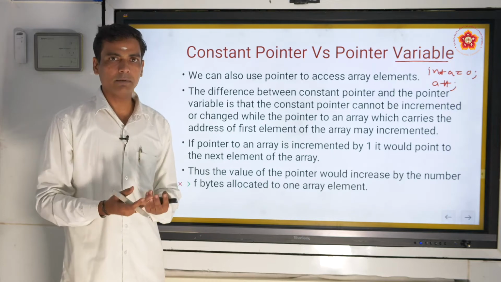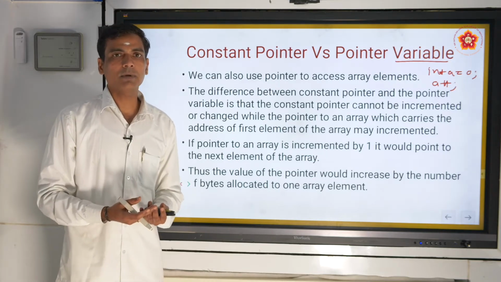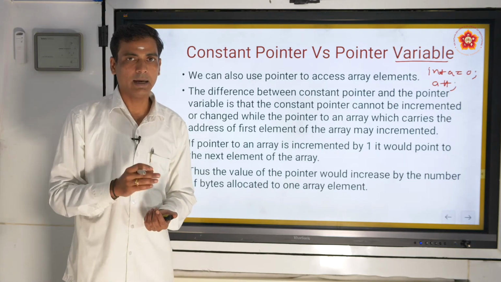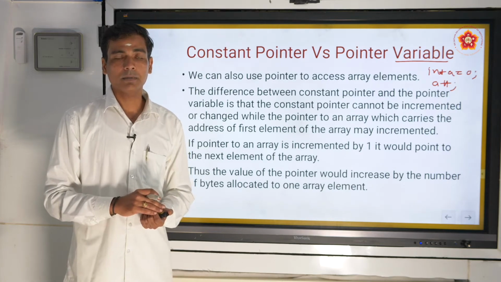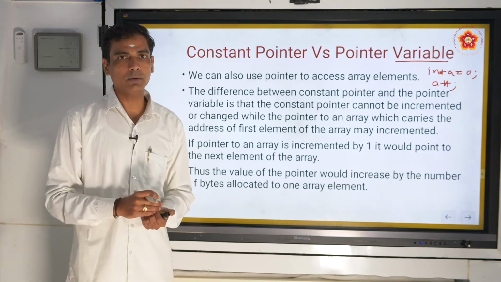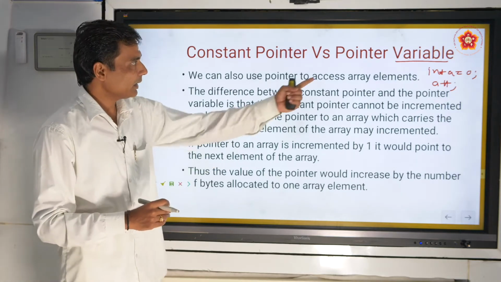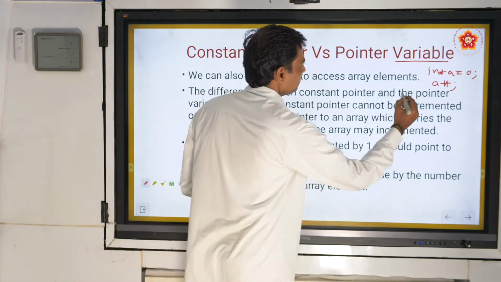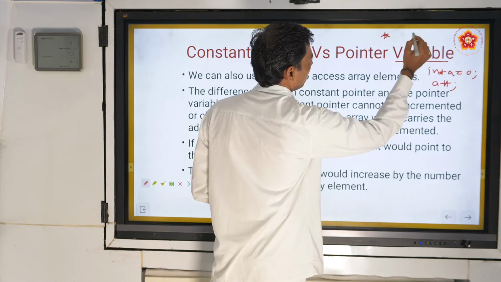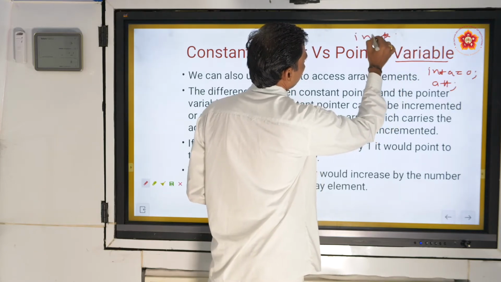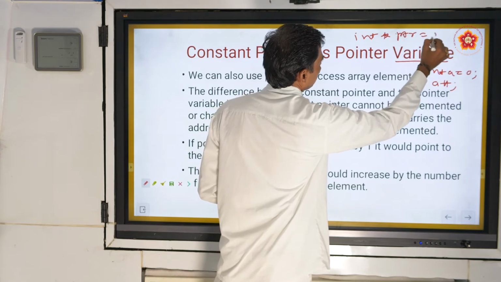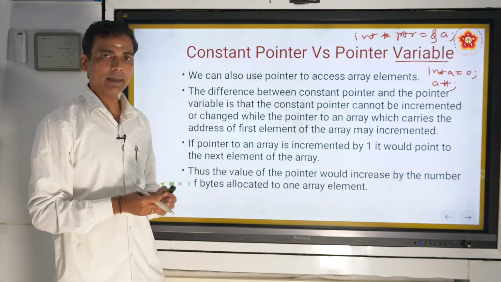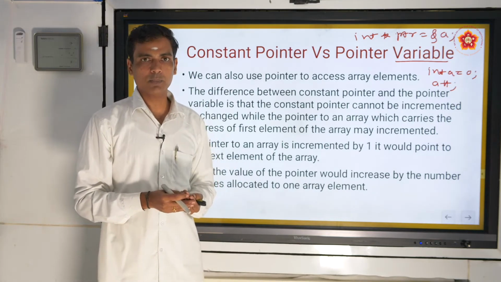So when we say pointer variable, that means we can also change the contents of the pointer. What are the contents of the pointer? Address. That means if initially a pointer is pointing to some variable, say here int a is the variable and I am creating a pointer here, int star ptr, and initially I am assigning the address of a to this pointer, but later on I can assign another integer variable's address to this pointer.